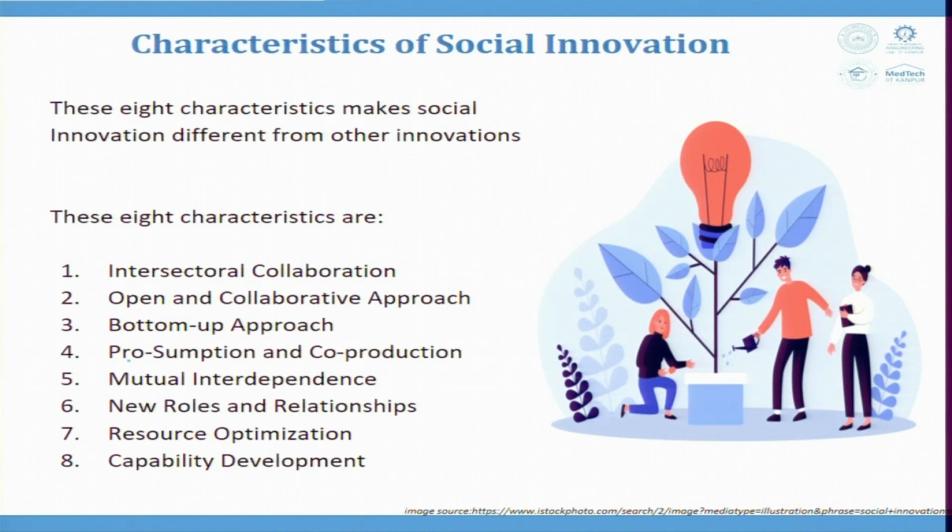The fourth is pro-sumption and co-production. The next ones are mutual interdependency, new roles and relationship, resource optimization and capability development. These are the 8 characteristics which are very important.